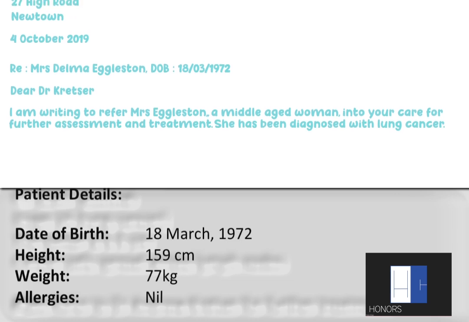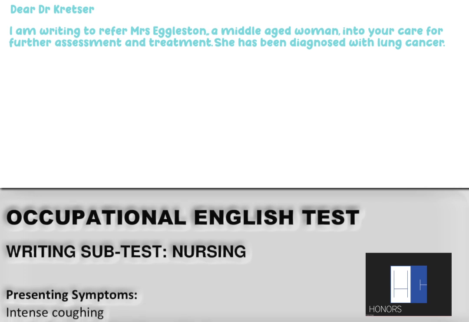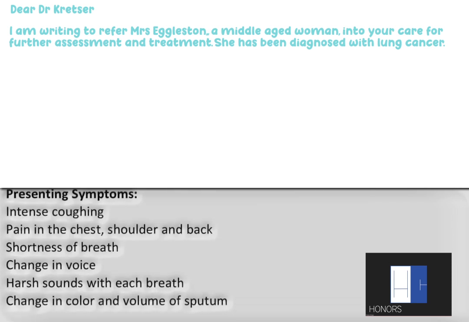Coming to the first body paragraph. So what's important next? What's next? Definitely it is what she presented with. This is something important for which the pulmonologist is curious to know about. Alright, so let's see the case note.